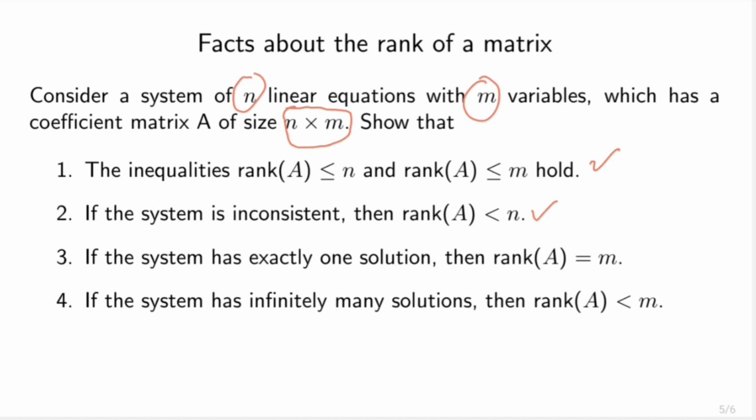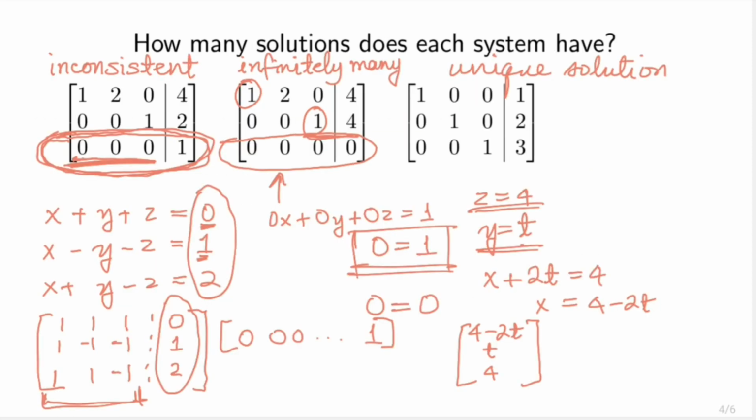All right, the third one says if the system has exactly one solution, then the rank is equal to the number of columns. Now let's go and look at the situation where we had exactly one solution. That was this one, a unique solution.